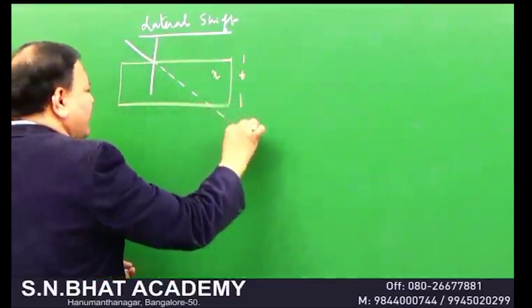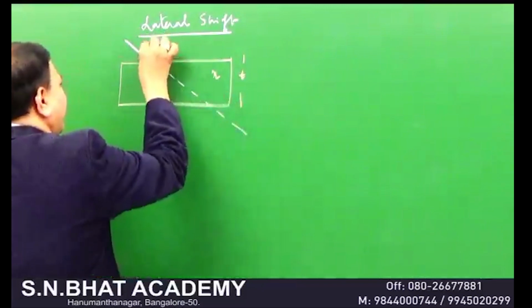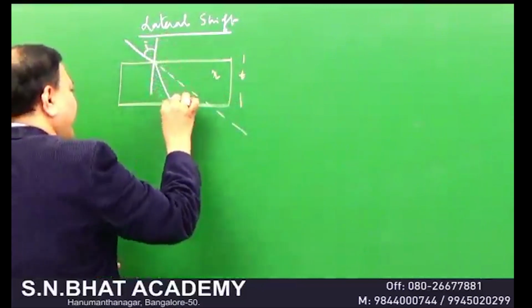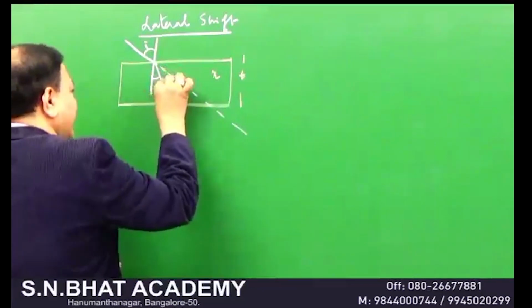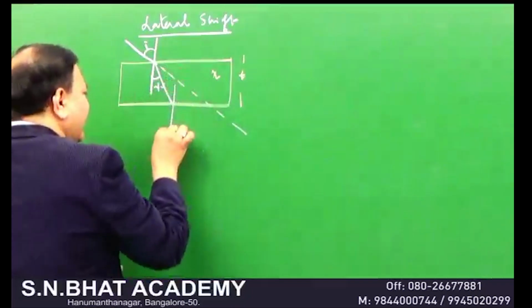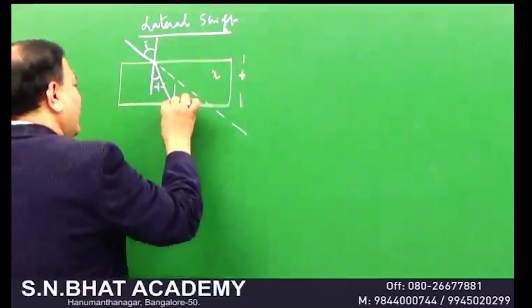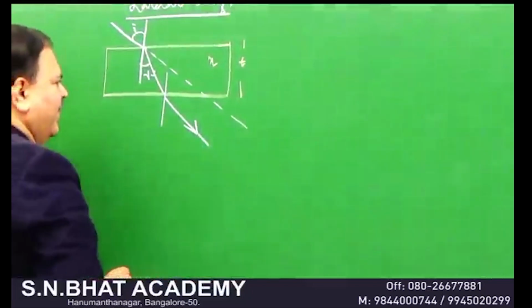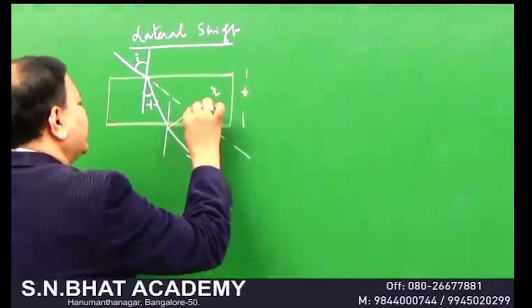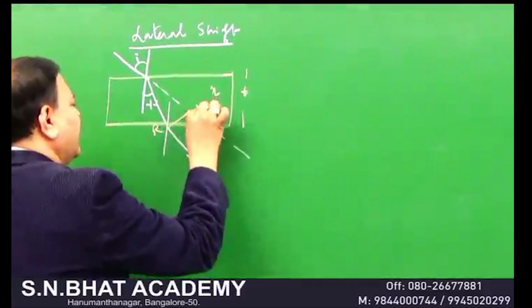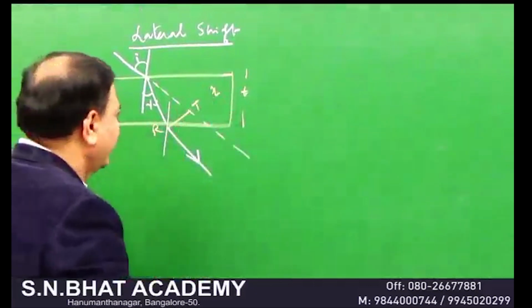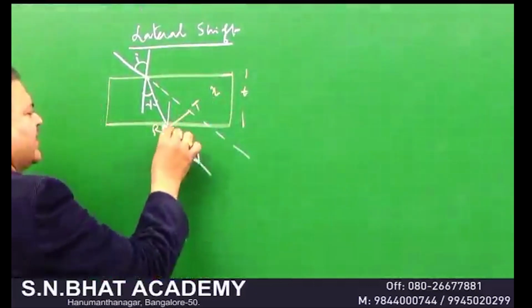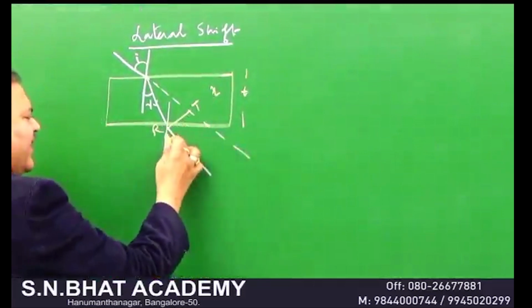You know that the light has to pass in this direction. Because of this medium, it gets shifted like this. Again at this, if you write the normal, you know that it bends away from the normal. Remember, very important. And this particular distance, we call it the lateral shift, which is the perpendicular distance between the incident ray and the emergent ray.